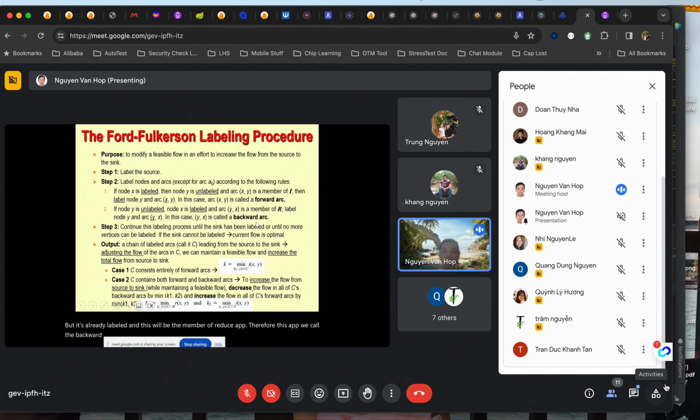Therefore, in step 2 we check which are the forward arcs and which are the backward arcs. Then we continue this labeling process until the sink has been labeled or until no more nodes can be labeled. If the sink cannot be labeled, the current flow is optimal. That's it.